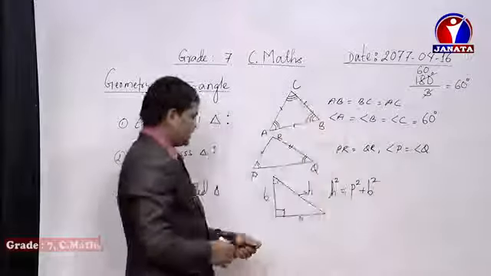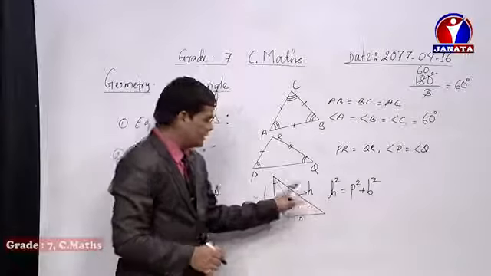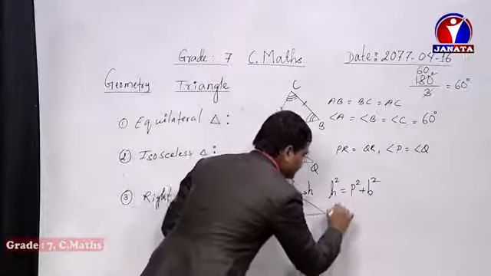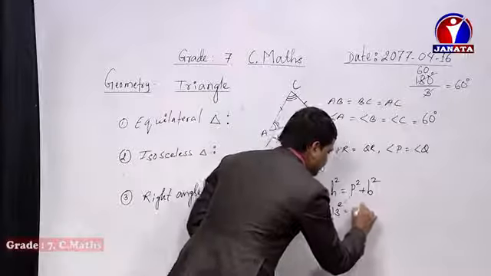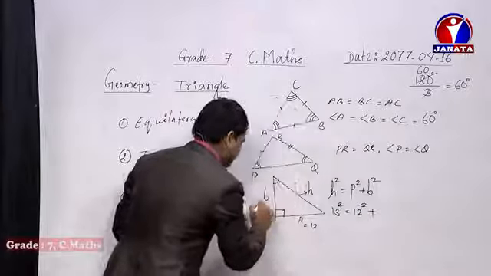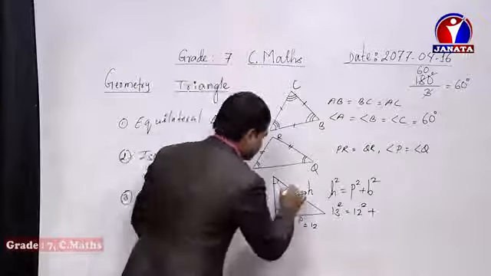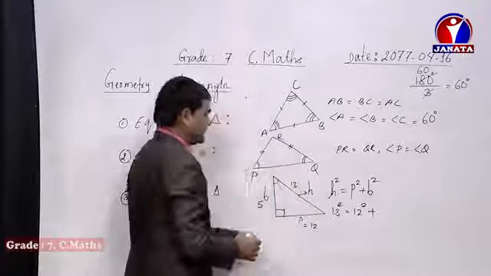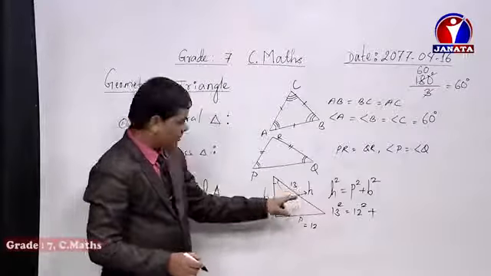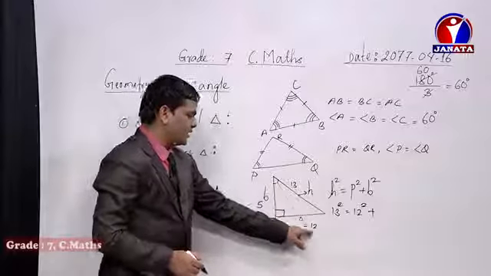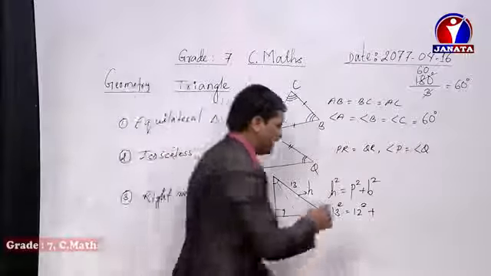For example, if the hypotenuse is 13 centimeter, then 13 centimeter square equals, for example, this one is 12 centimeter, 12 centimeter square plus, for example, if it is 5 centimeter, 5 square. Whatever the unit used, 13 square equals 12 square plus 5 square.